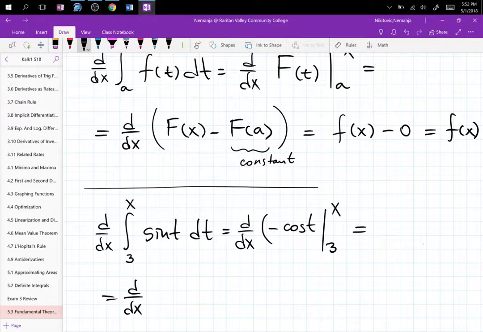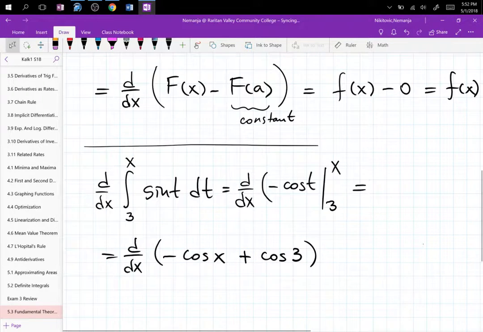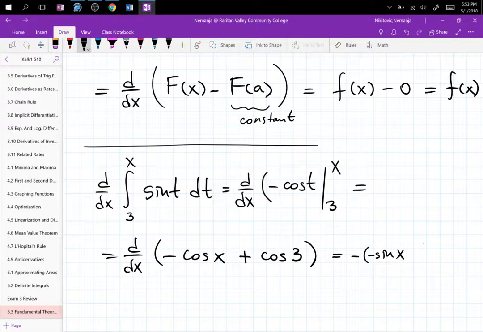It is the derivative of negative cosine x minus, and minus will give me plus cosine of 3. Now cosine of 3 is some number. You can change your calculator to radians and then just punch cosine 3 and you will get some decimals there. We don't actually care what the answer is because whatever it is, it's a number, and the derivative of a constant is 0. So we have a negative derivative of cosine, which is negative sine x, and then that's the 0, so we just get sine x.